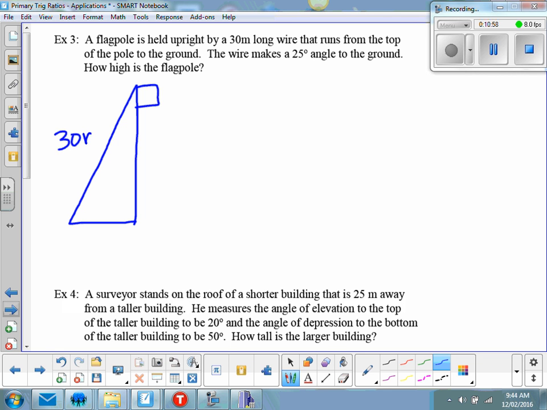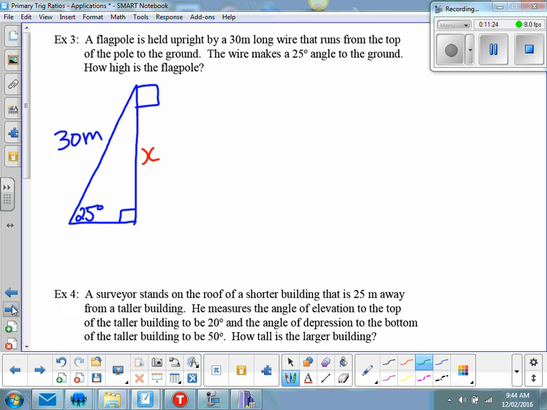And that runs from the top of the pole to the ground, so that's our 30 meters. The wire makes a 25-degree angle to the ground. So there's 25 degrees. There's our right angle. We want to figure out how high is the flagpole. So we're trying to find that right there.